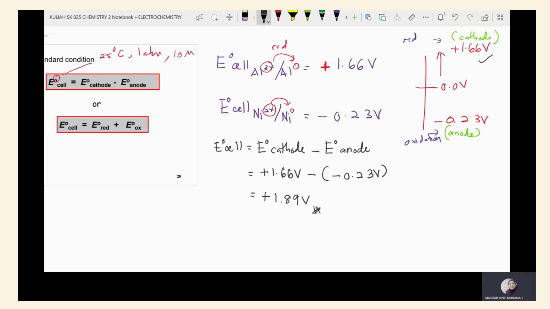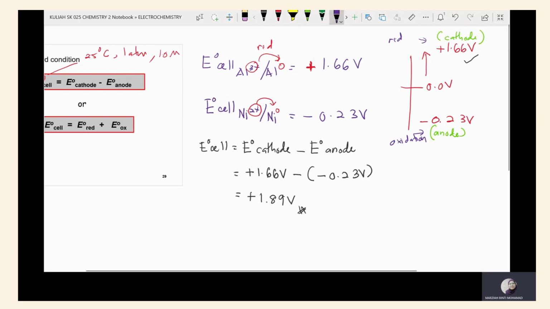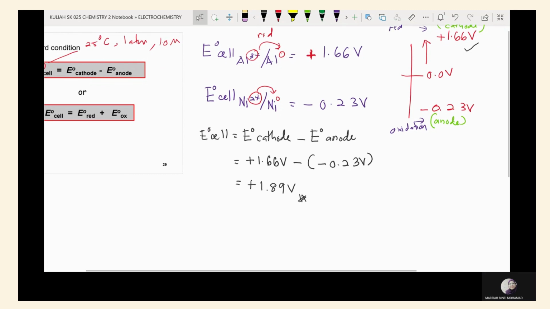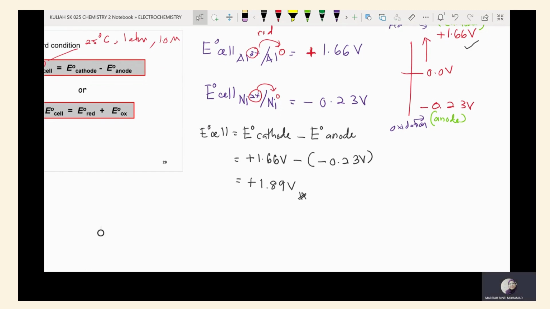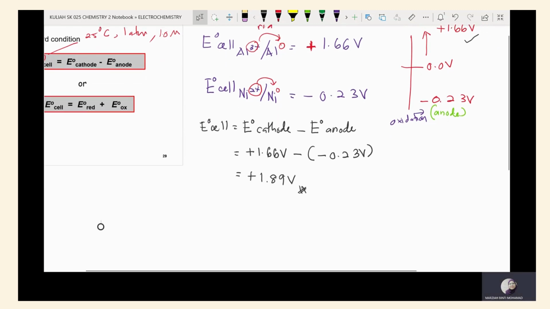If I decide to use the second formula, what will happen? So if we use the second formula, E naught cell equals E naught reduction plus E naught oxidation.